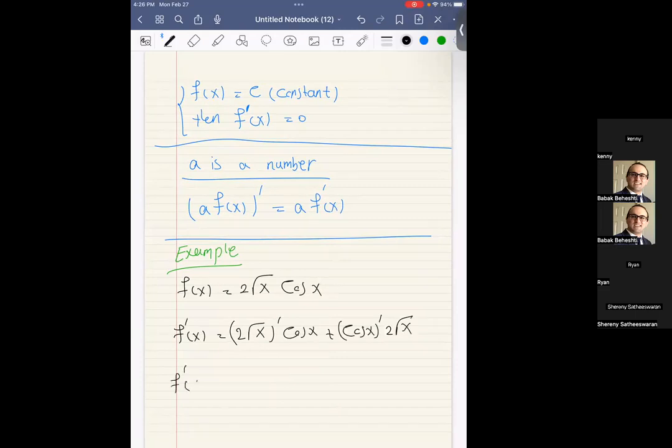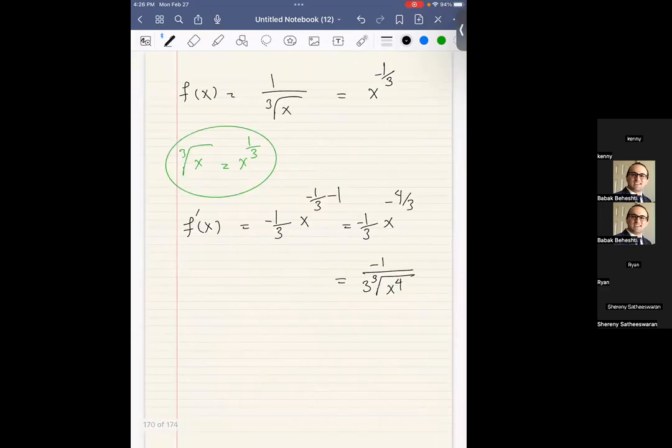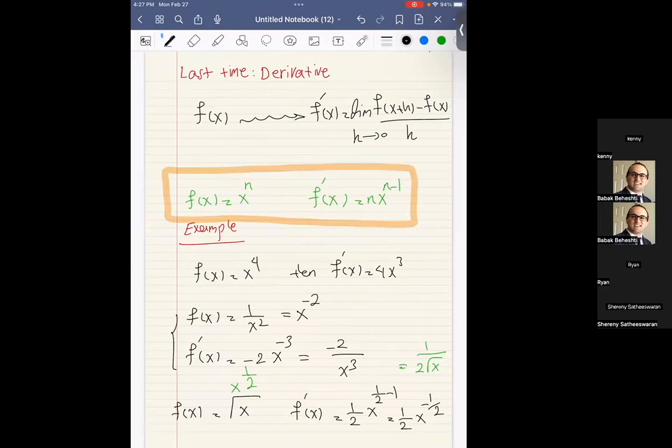So f prime is equal to, what is the derivative of root x? Remember the derivative of root x. The derivative of root x is 1 over 2 times root x, right?